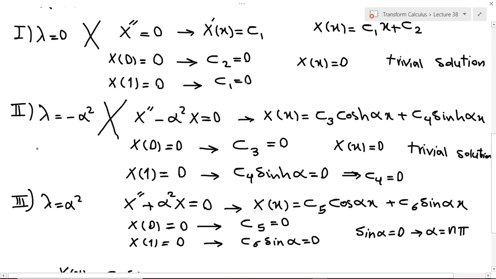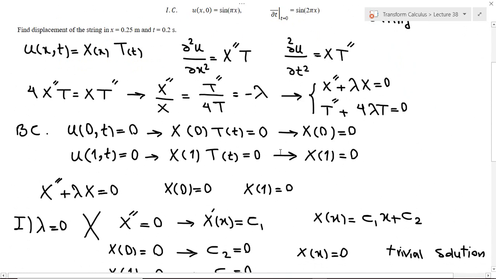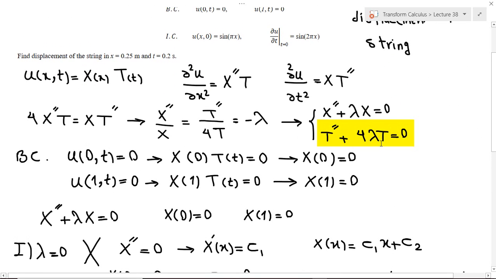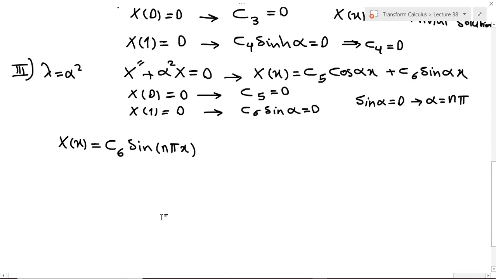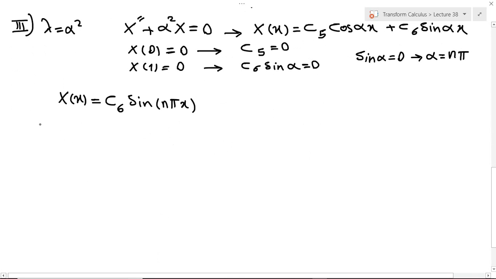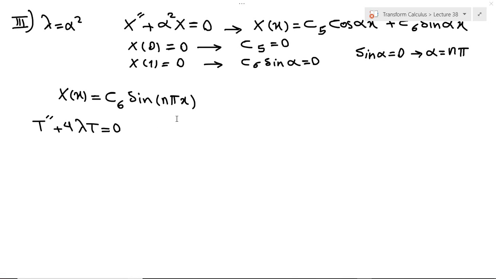At the beginning we found the equation for T, so the equation for T was T double prime plus 4 lambda T equal to 0. And we know lambda is alpha squared, so as a result we have T double prime plus 4 alpha squared times T equal to 0, and we can solve this equation.